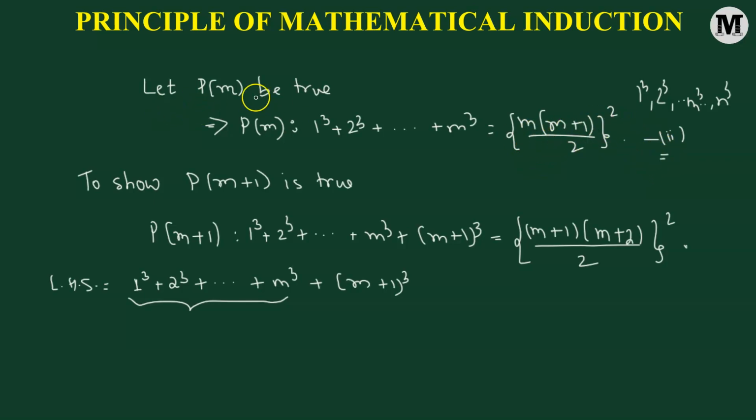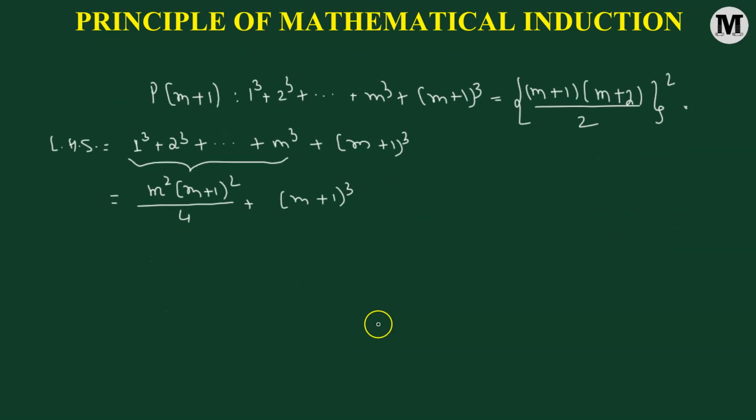According to number 2, we have already considered this to be a true statement, so we can replace this with m squared times m plus 1 whole squared divided by 4 added to m plus 1 whole cube. Now we're going to combine the two terms.